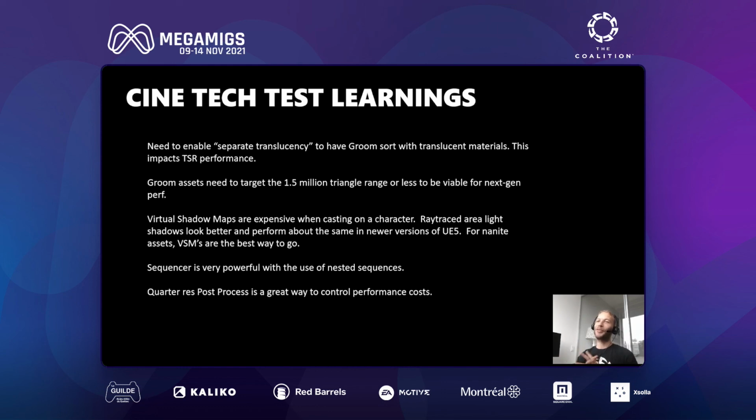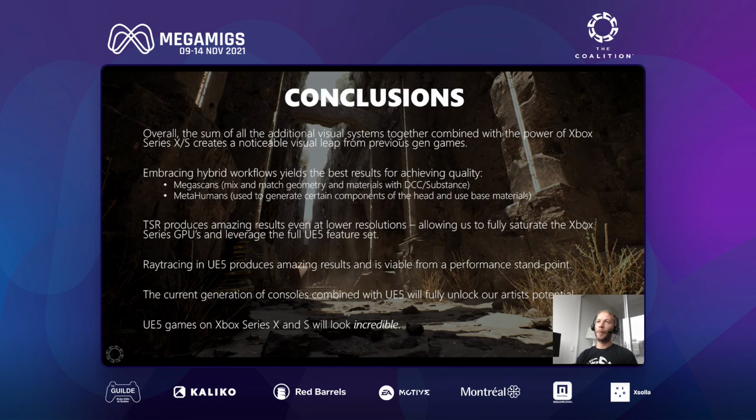So Sequencer is new to us, and we're excited about nested sequences and working with that. It's been fantastic, and really seems like kind of a no-brainer. Quarter res, there's a CVAR to quarter res your post-process. You should probably do that. That makes things like convolution bloom much more affordable, as well as all the other passes like lens flares and everything else. So highly recommended you do that.